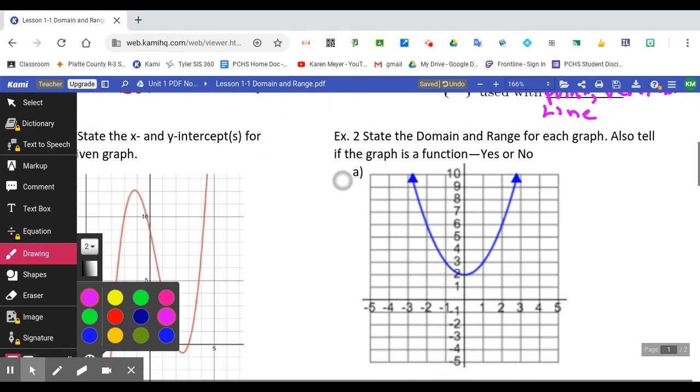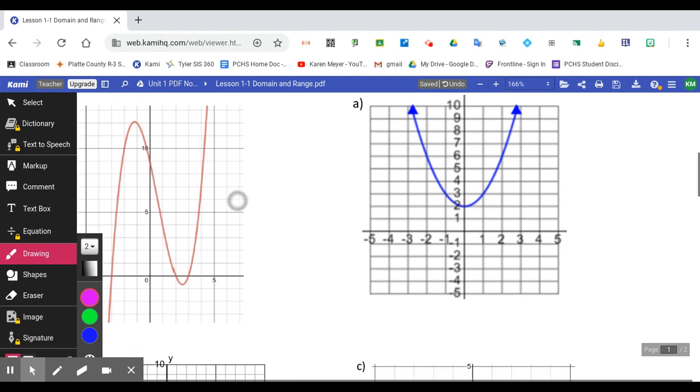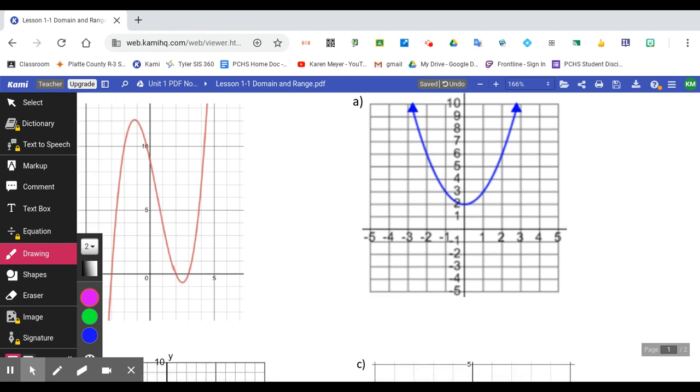So our first example, we're just going to start with x and y intercepts. So remember, here's the x-axis. And if I look at the graph, I notice that it goes through the x-axis at 3 different points. So when I'm writing them, I'm going to write it with the farthest one on the left to the right.